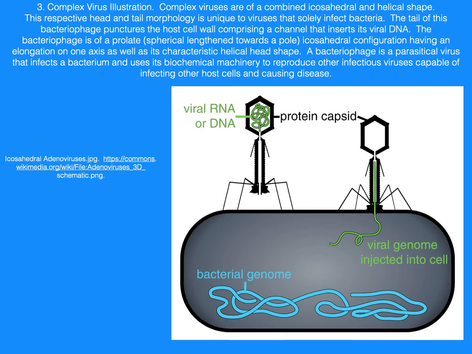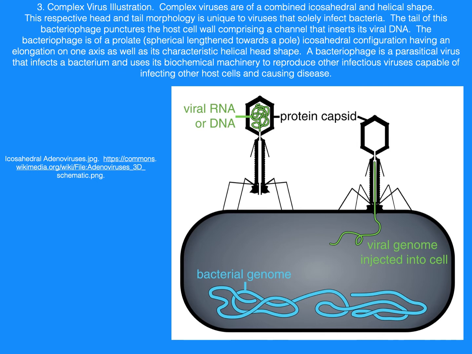3. Complex virus illustration. Complex viruses are of a combined icosahedral and helical shape. This respective head and tail morphology is unique to viruses that solely infect bacteria. The tail of this bacteriophage punctures the host cell wall, comprising a channel that inserts its viral DNA.